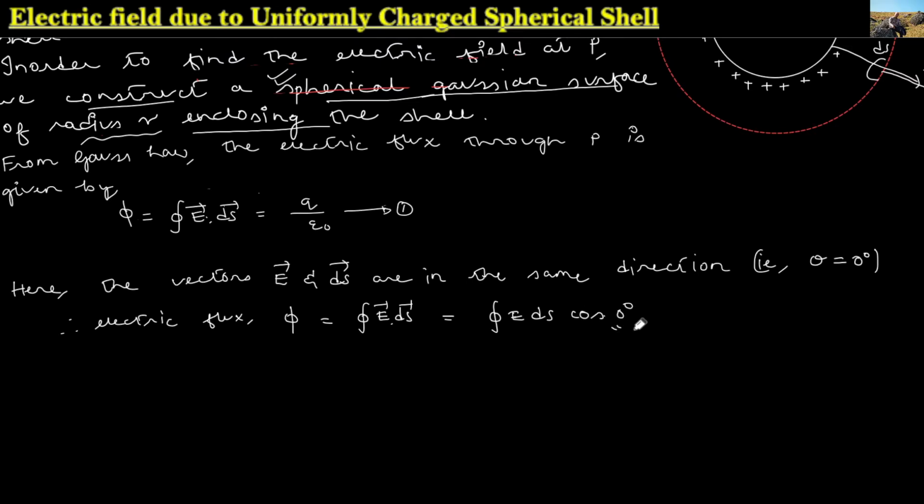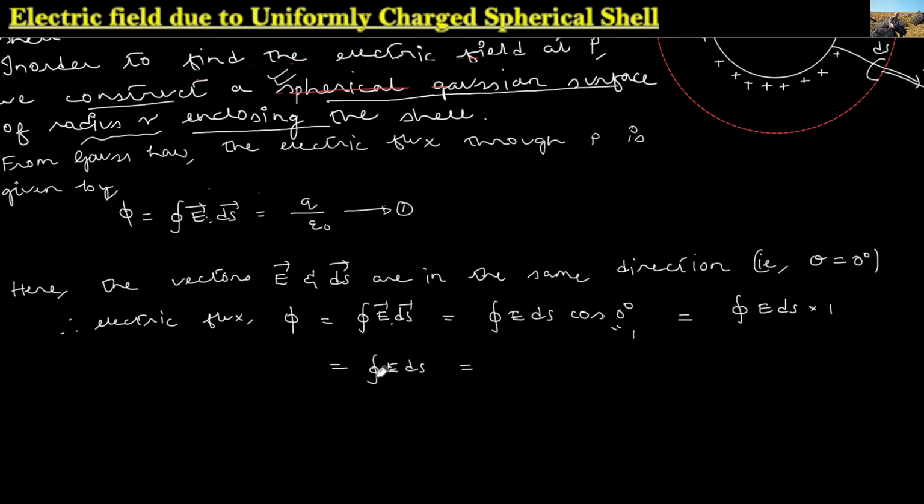But cos of 0 degree is equal to 1. So in magnitude, we have only E ds into 1, which is equal to the surface integral of E and ds.